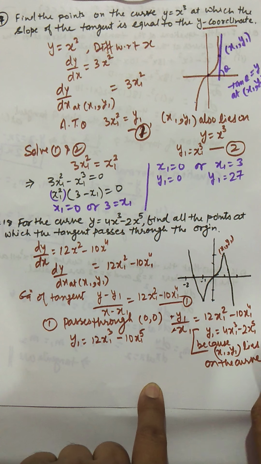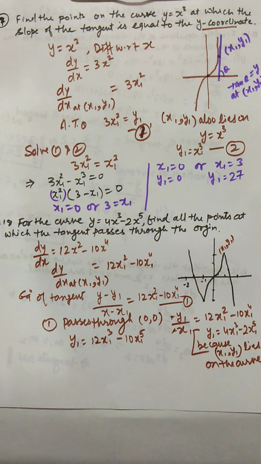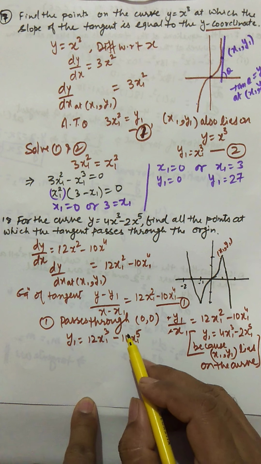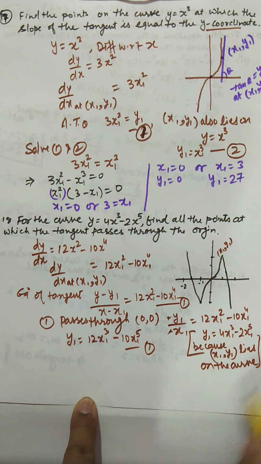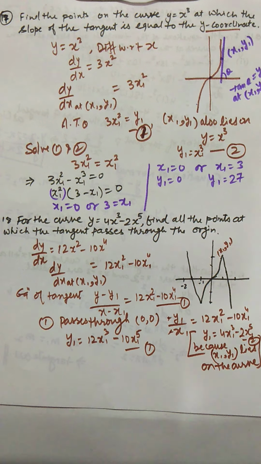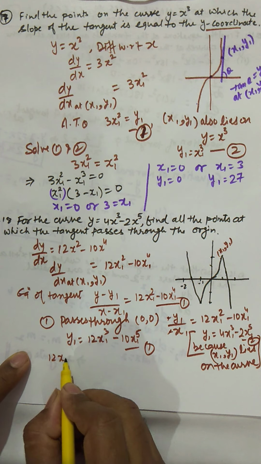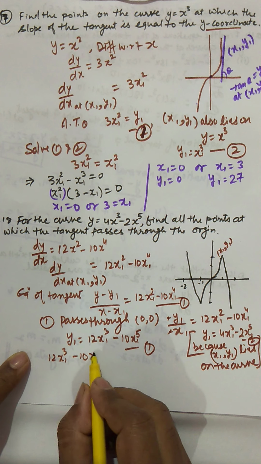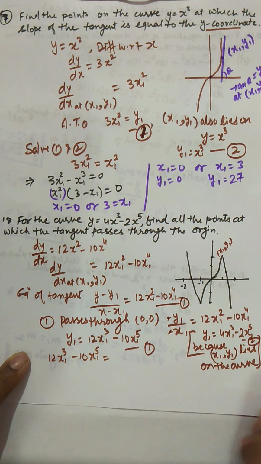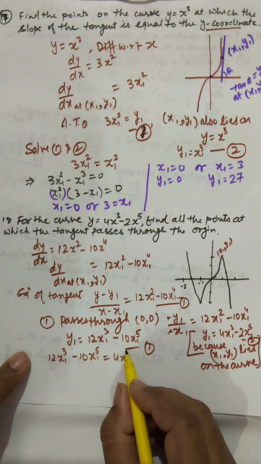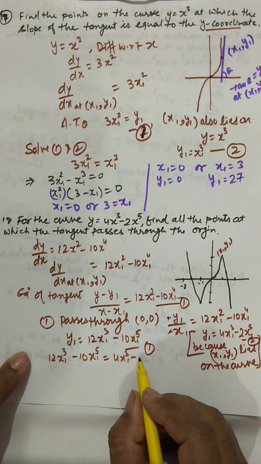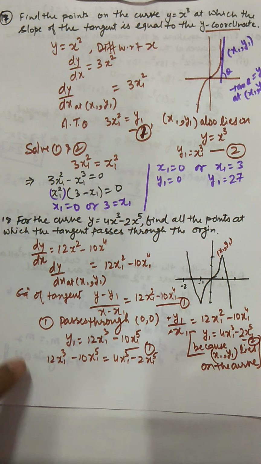So one more equation we have got from here. Now you have two equations. Let's say this is equation number 1 and this is equation number 2. So solve them. This is 12x1³ - 10x1⁵, and this will be your 4x1³ - 2x1⁵.